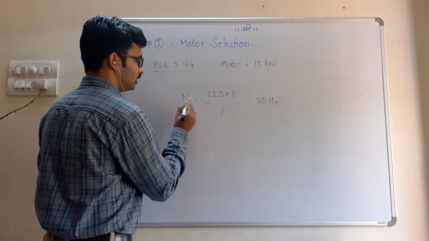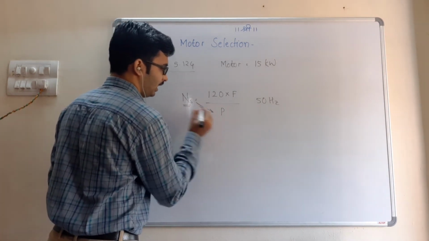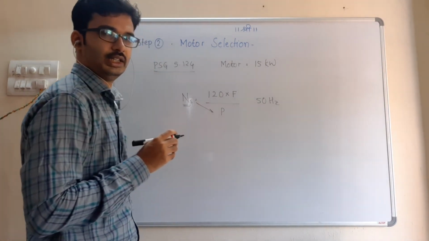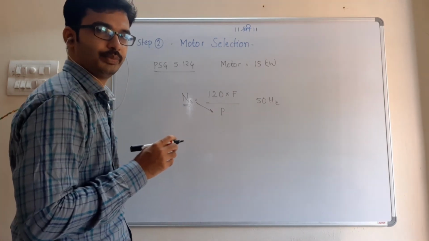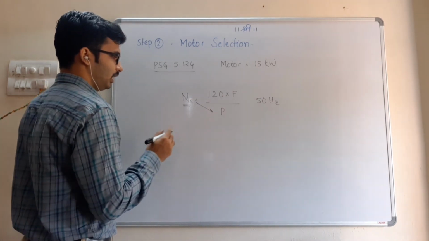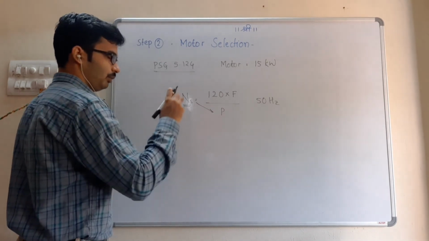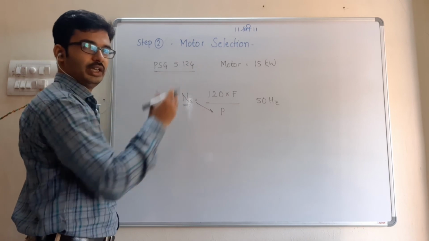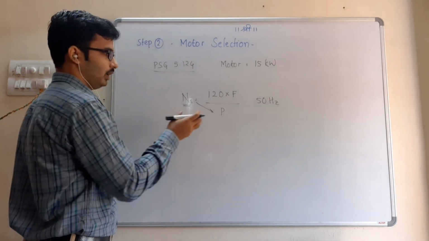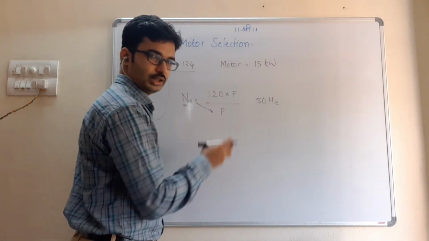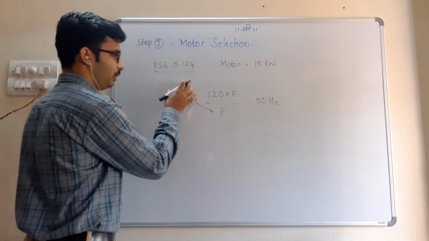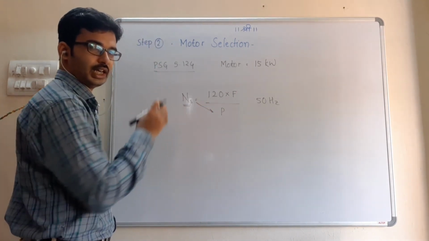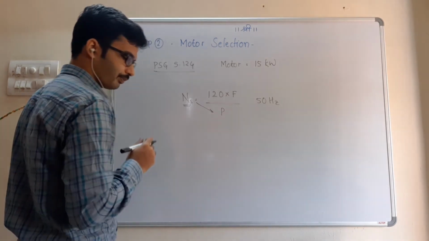That means this speed is inversely proportional to the number of poles. If the number of poles is lower, the speed is going to be higher, and if the number of poles is more, the speed is going to decrease, that is, RPM will decrease.